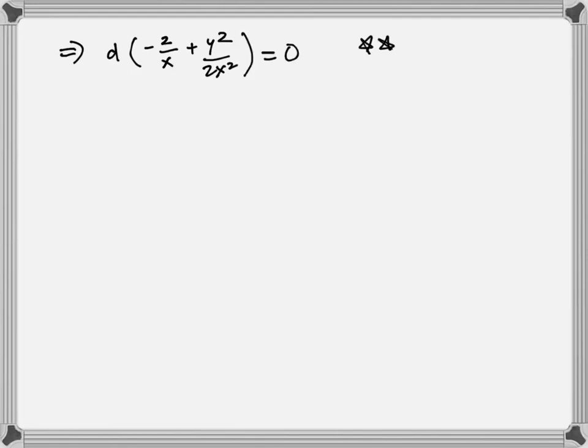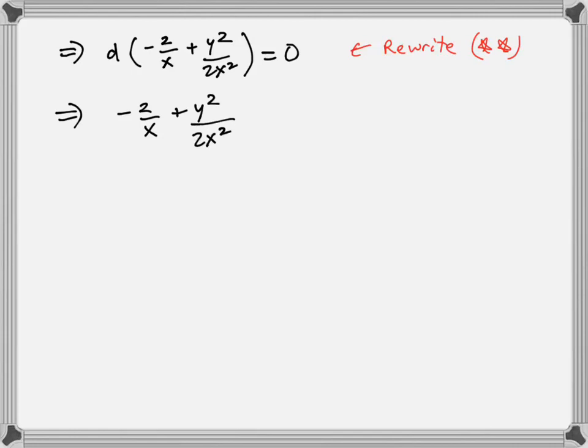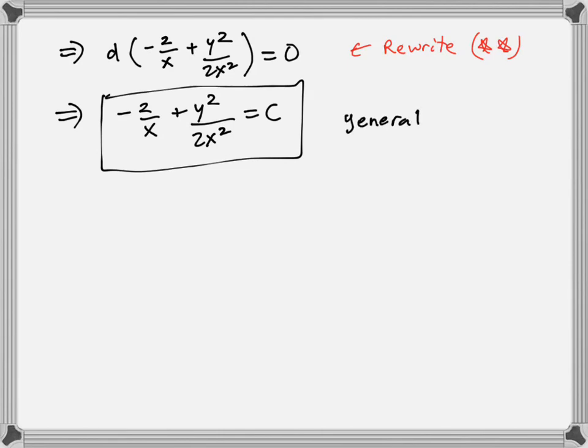This is now our differential equation, which means, so I should say, this is what we get if we rewrite this guy, right? And so you integrate both sides and you end up with negative 2 over x plus y squared over 2x squared equals c. This guy is our general solution.